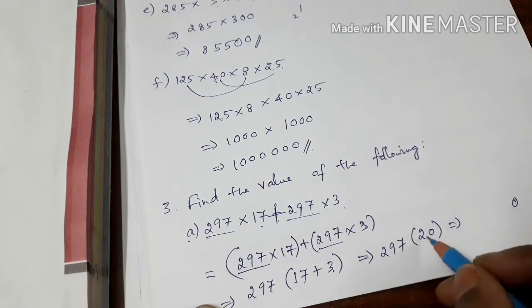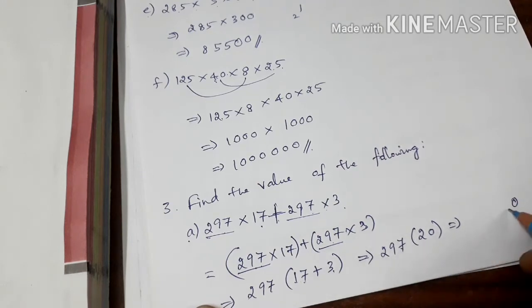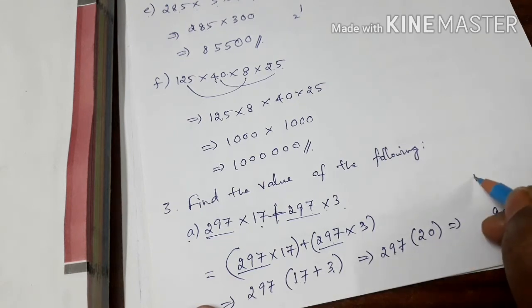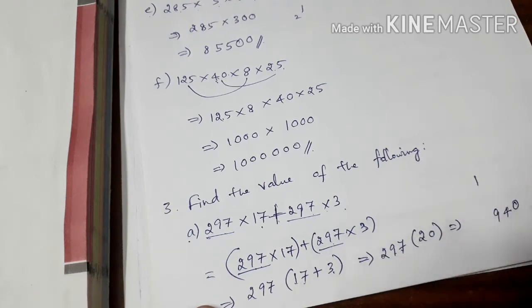Here 0. 2 into 7, 14, remaining 1; 9 twos are 18, 19, remaining 1; 2 twos are 4, 5. So 5940. This is the answer.